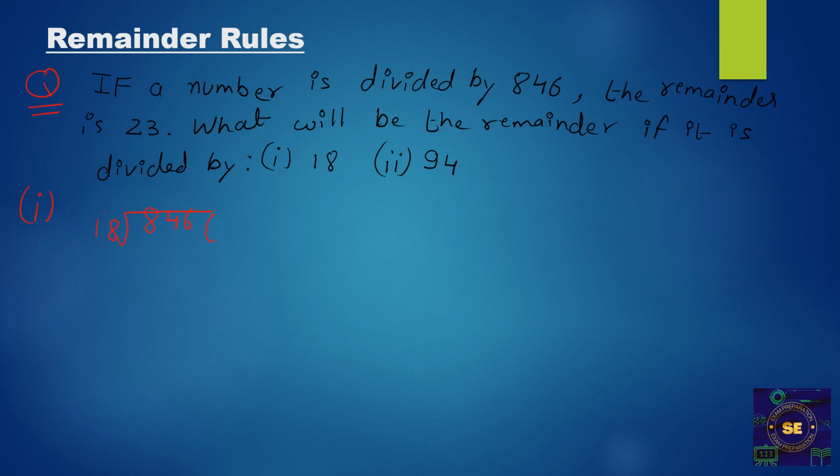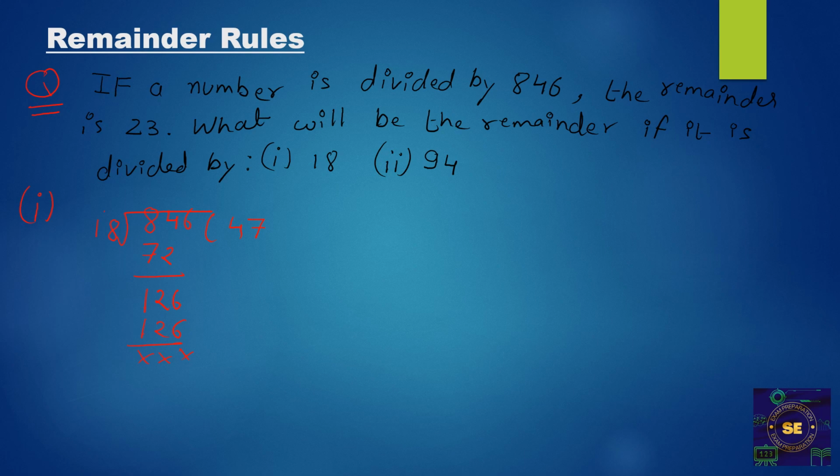We take 18 times 4 for the 72, so it will be 126. Now we know that 6 in the one's digit comes only when 18 is multiplied by 7, so it will be 126. So here it proves that 846 is a multiple of 18.